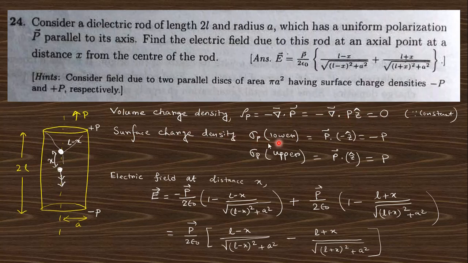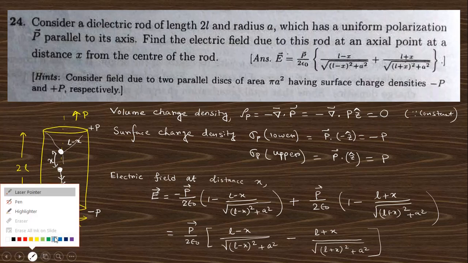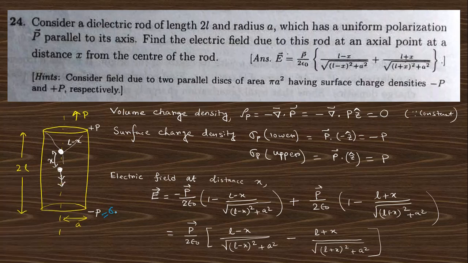But on the surface, in the lower surface you can see P along minus z cap, so there is a minus P surface charge density on the lower surface, and a plus sigma p on the upper surface. So you get this surface charge density on the upper side and lower side.